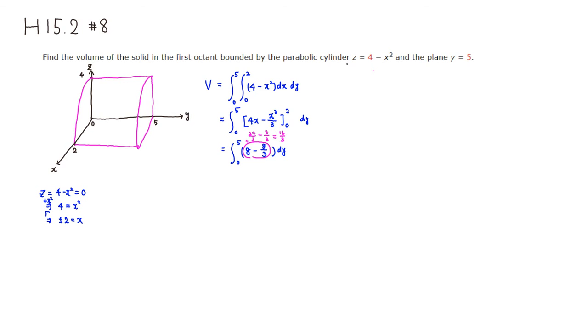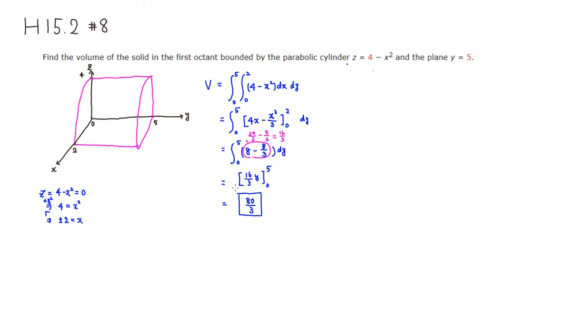If you take the antiderivative of that, you get 16 over 3 y, and y is going from 0 to 5. If you plug in 5, 5 times 16 is 80 over 3, minus 0. So it's just going to be 80 over 3.